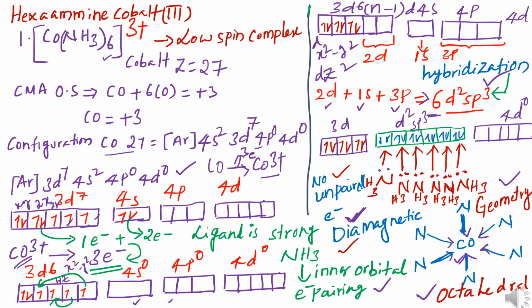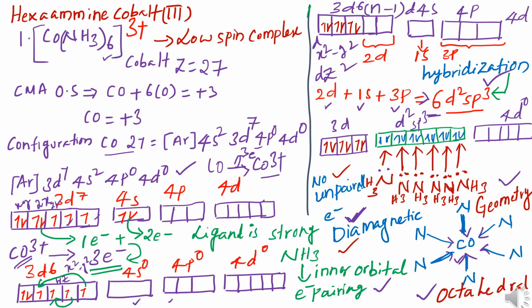So from dxz, one electron is removed. So total how many electrons are removed? This is a crucial step, from where it is losing the electrons. So 2 electrons plus 1, total 3 electrons cobalt has released to convert into Co3+.